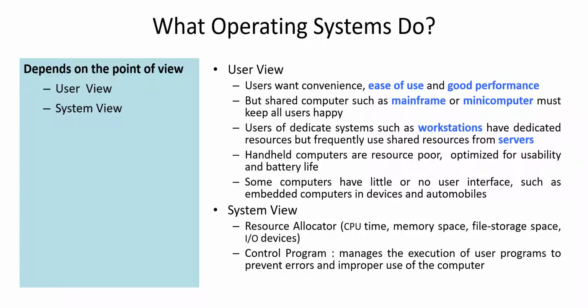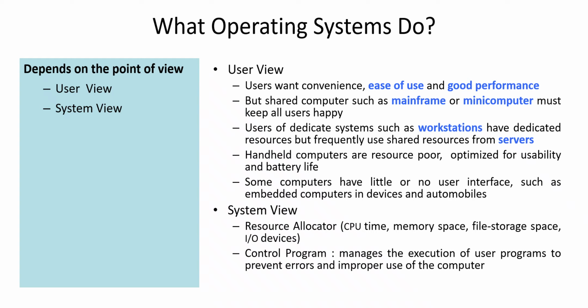On dedicated systems like workstations, users typically have their own dedicated resources, but they still frequently rely on shared resources from servers. Handheld computers, being resource poor, are optimized heavily for usability and battery life. Some computers, like embedded systems in devices and automobiles, have little or no user interface at all.